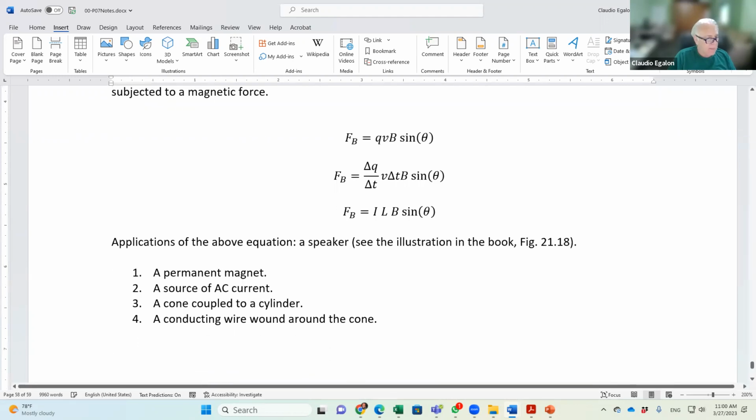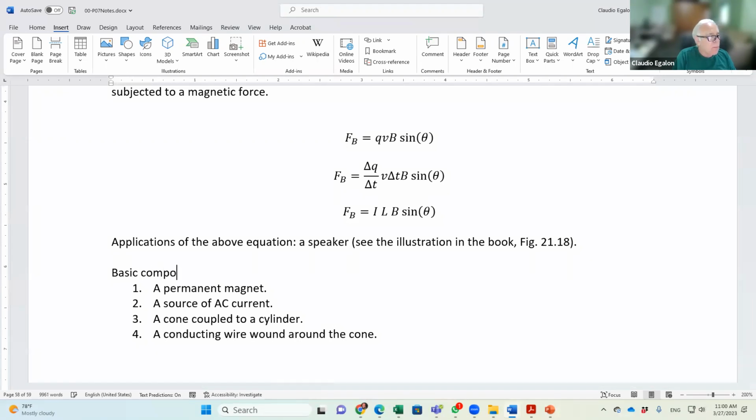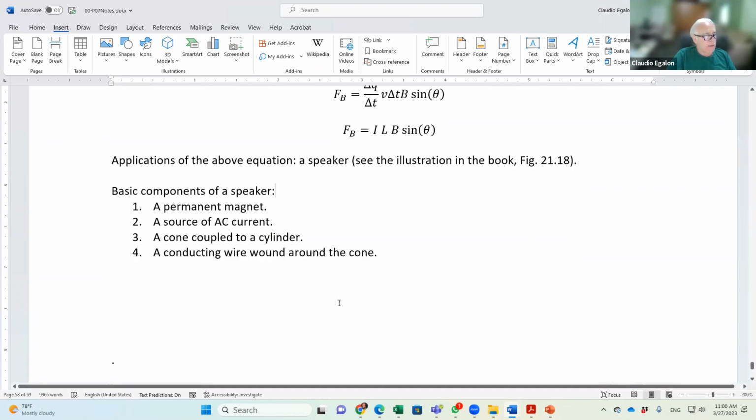That's how you do it. Those are the basic components of a speaker: a permanent magnet, a source of AC current, a cone coupled to a cylinder, and a conducting wire wound around the cone.